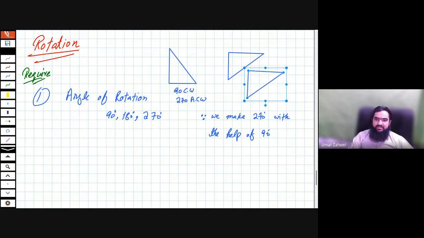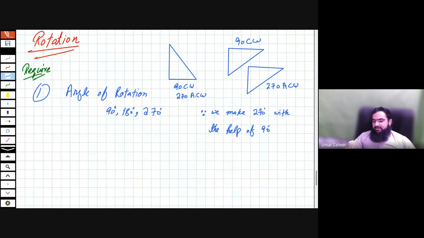Look here: I have to do 90 degree clockwise, and I have to do 270 degree anti-clockwise. After rotation, they are going to be exactly the same. So you can say 90 degree clockwise or 270 degree anti-clockwise, both are the same thing. So the requirement is the angle of rotation: 90, 180, and 270 degrees.